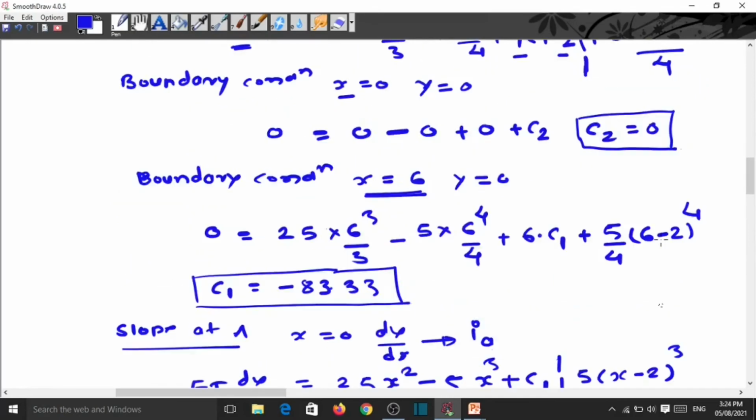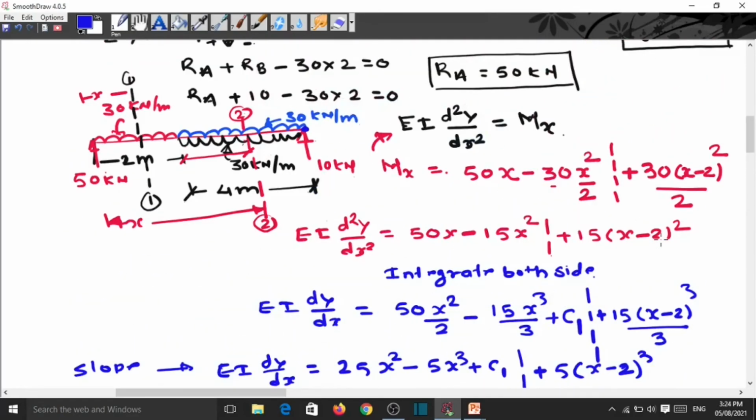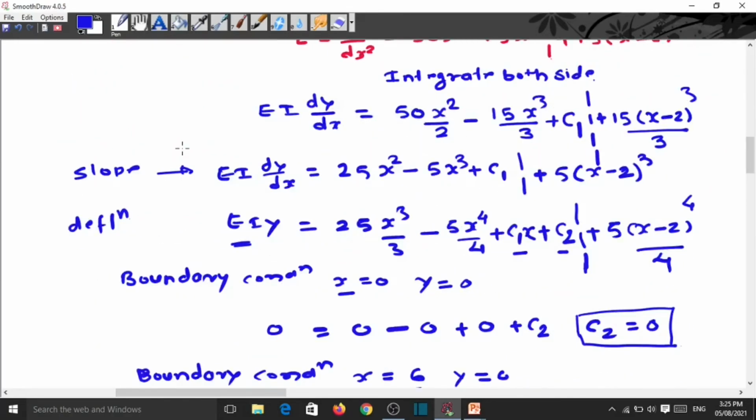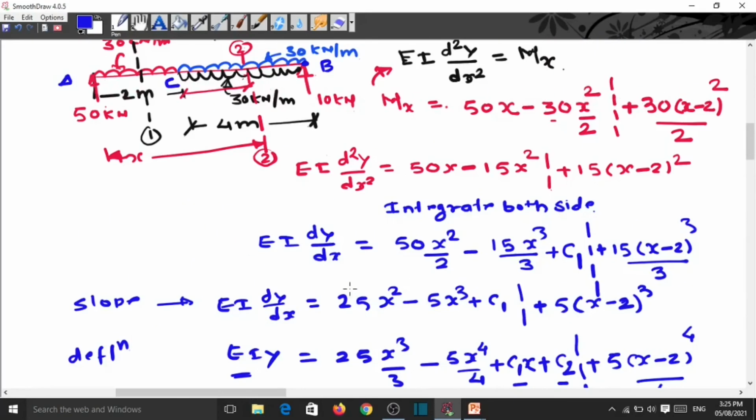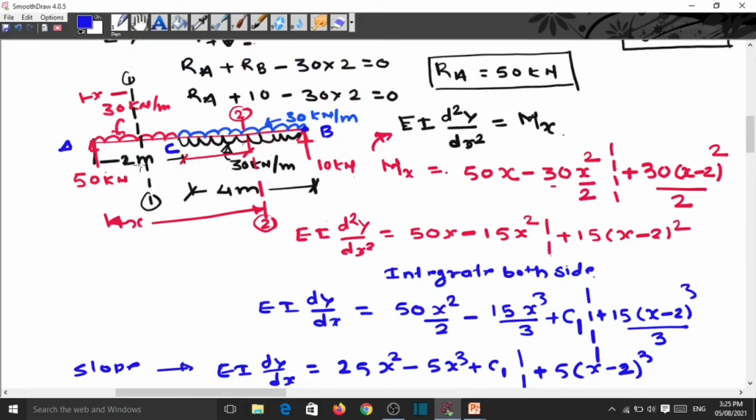between, suppose this is A, this is B, and this is C. So in the section BC. Now if our answer is more than 2 meter, it means if we get the value of x more than 2 meter, then our assumption is correct.